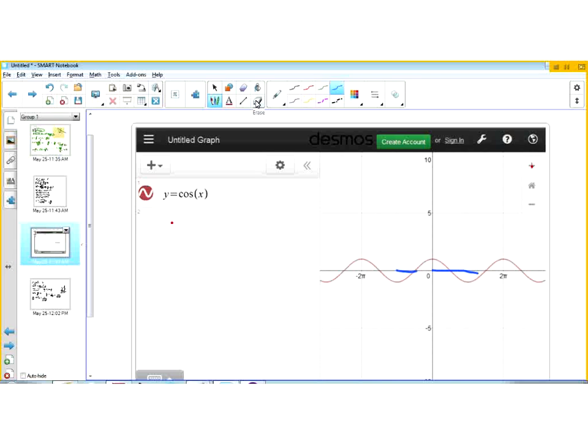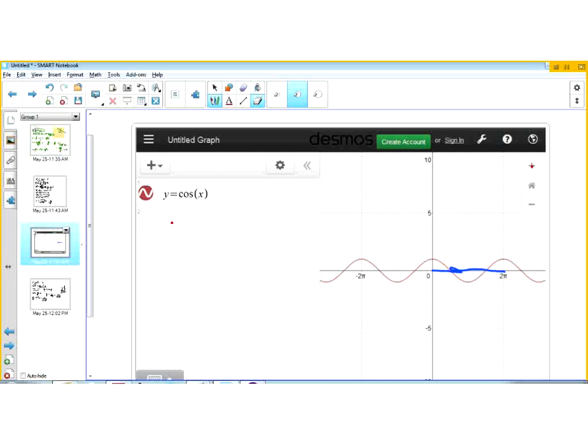Okay, that wouldn't work. What would be a good candidate? We started here at 0. So maybe on this interval, perhaps. If we identify this interval, that would be unacceptable as well.